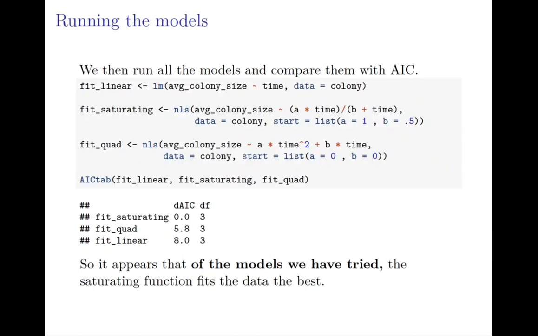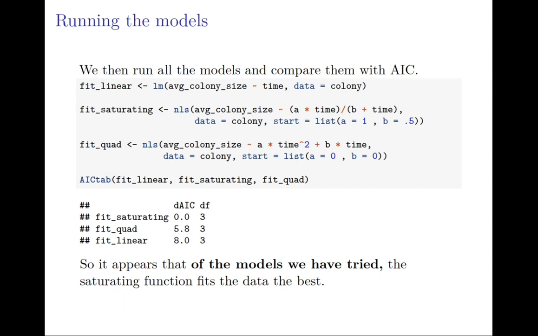Okay, so what we need to do is run all of our models and compare them with AIC. We'll first create our model object fit linear, where we run a linear model, which is just y as a function of x, so average colony size as a function of time. Classic linear model like we did last time.